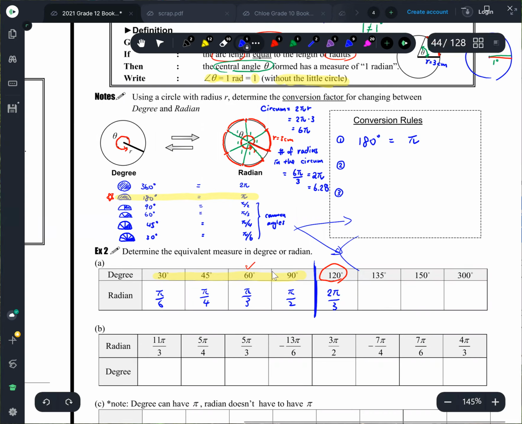Find the multiples. Is there anyone who doesn't know what to do with 135 degree?